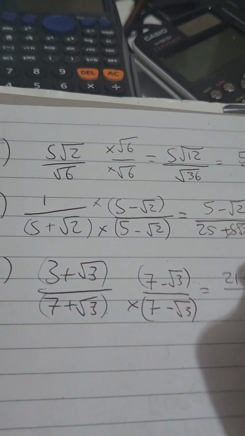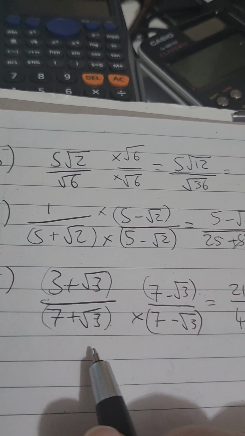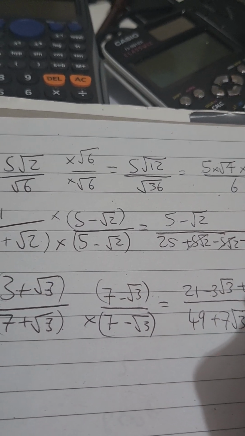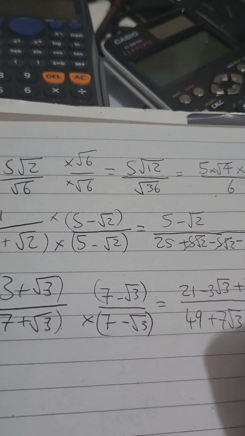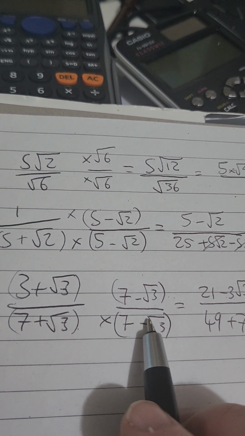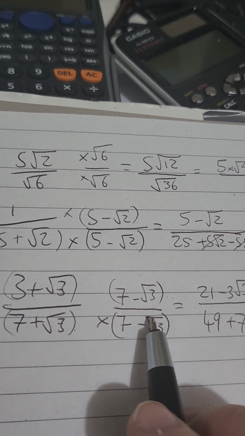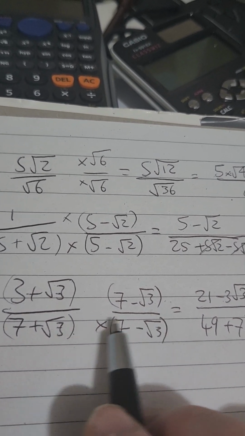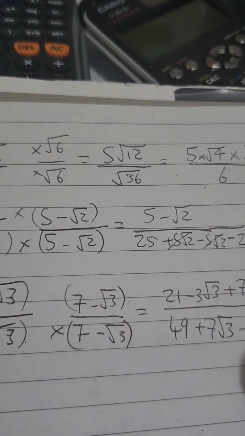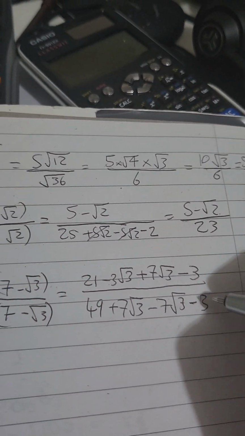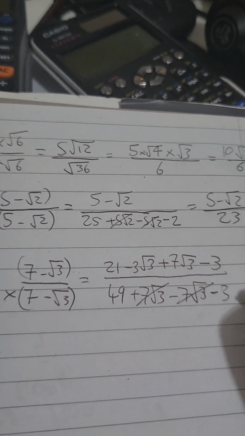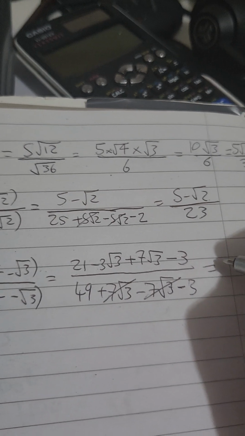Then the bottom, 7 times 7 is 49. And then you've got plus 7 root 3, minus 7 root 3. And then again, when I do plus root 3 times negative root 3, it gives negative square root of 9. The square root of 9 is 3, so it's minus 3. Now, the middle bit there cancels out, which is why we've done that, because it gets rid of that square root on the bottom.